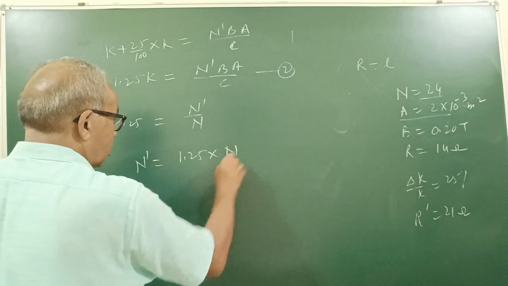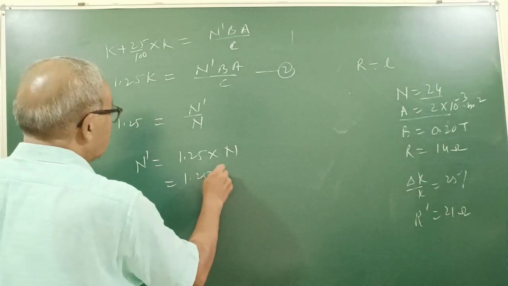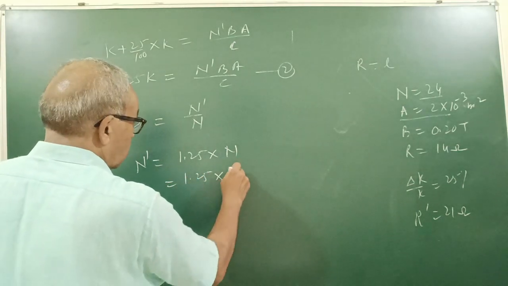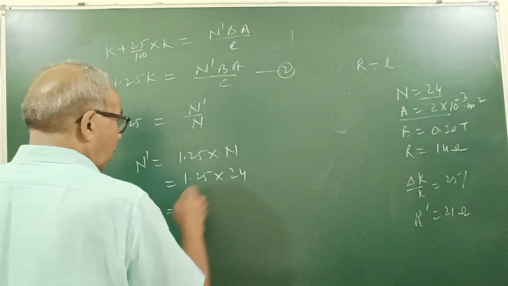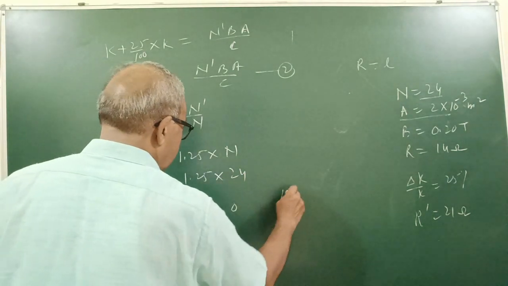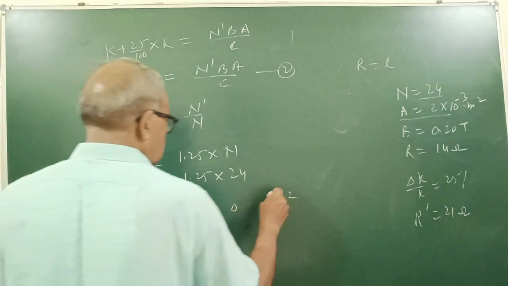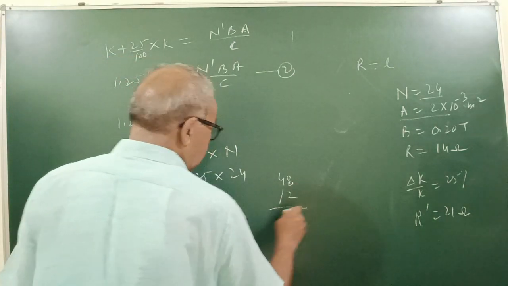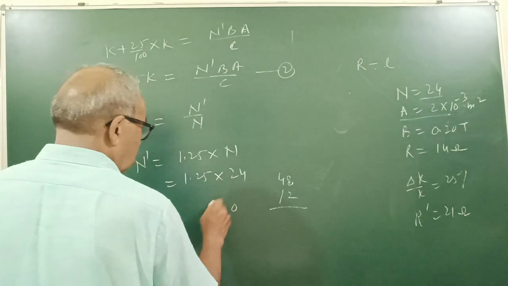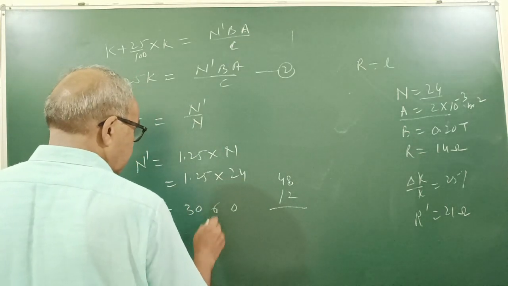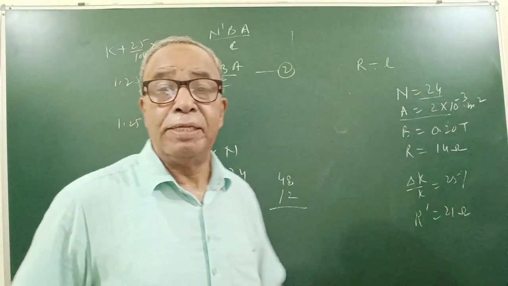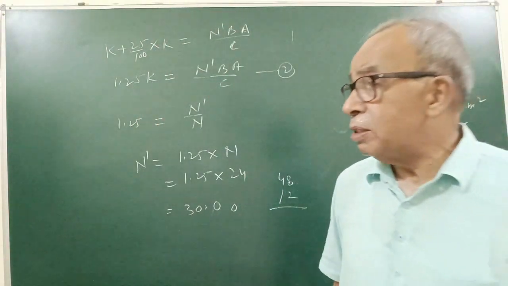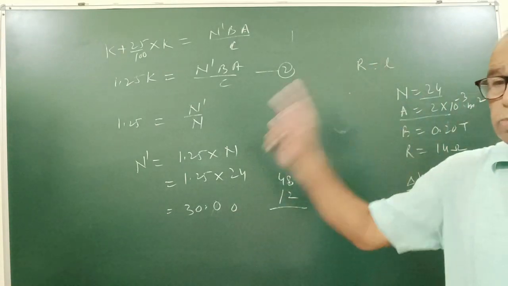Let me write here first. 1.25 into 24. You multiply it: 24 times 5 is 120, carry 12, 48 or 12, 60, or 30. So now the number of turns should be 30. It means we have to add 6 turns more.